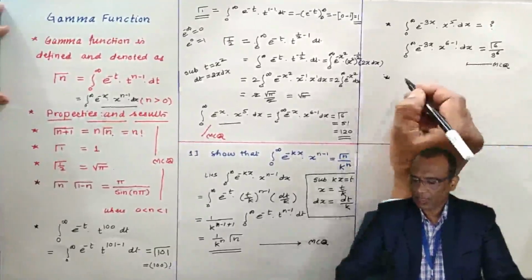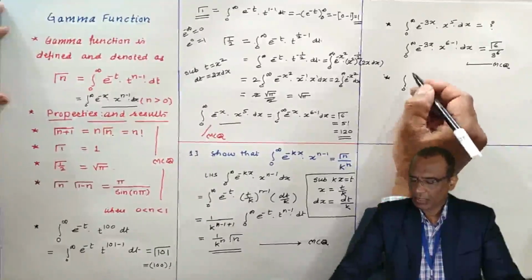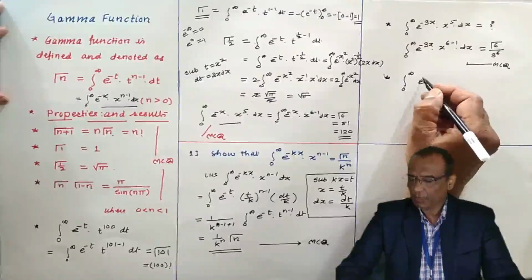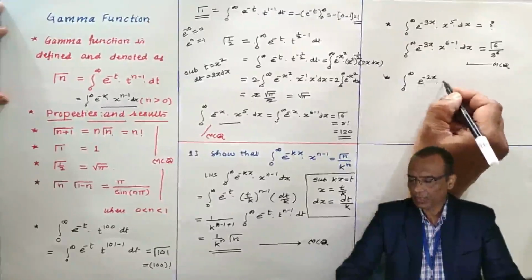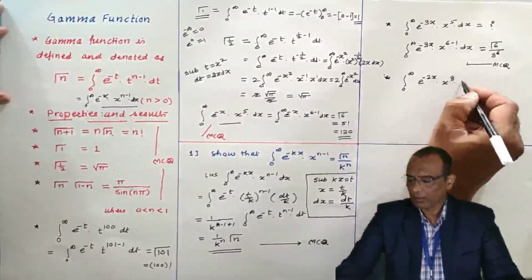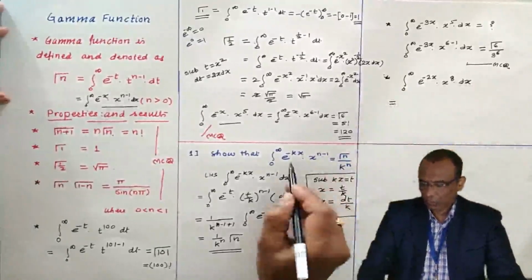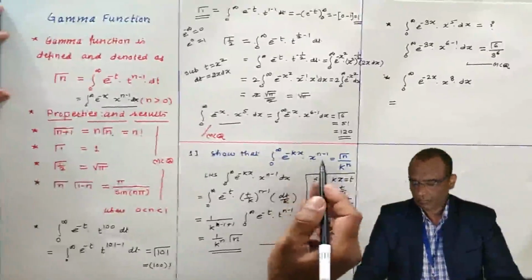For example, one more MCQ we are going to discuss: the integral from 0 to infinity of e to the power minus 2x, x to the power 8. I want the value of this integral. So this formula can be used directly.